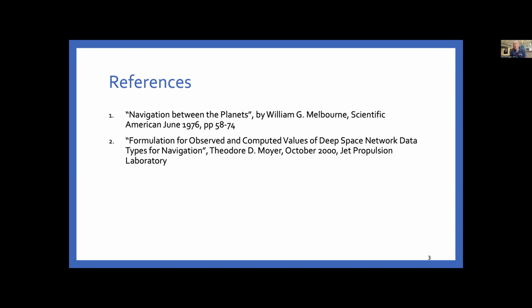Now, if you really want to dig down deep and you have a radio telescope in your backyard of maybe 34 meters or so, although some people do it with 60 centimeters, the second reference is by an engineer here at JPL, former engineer, who devoted his entire career to describing the mathematical equations to process what tracking stations measure and we do navigation with.